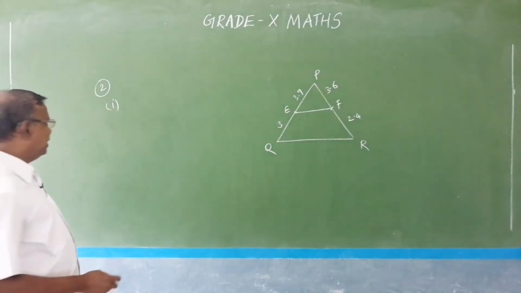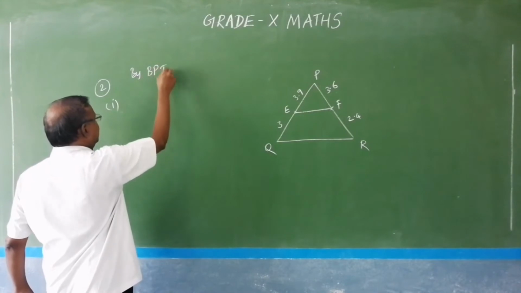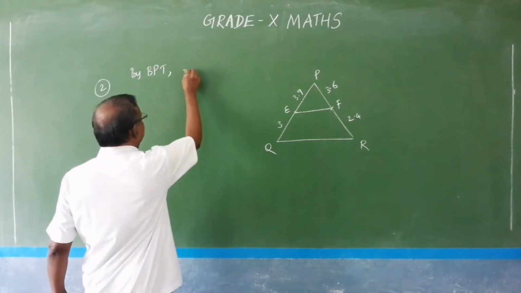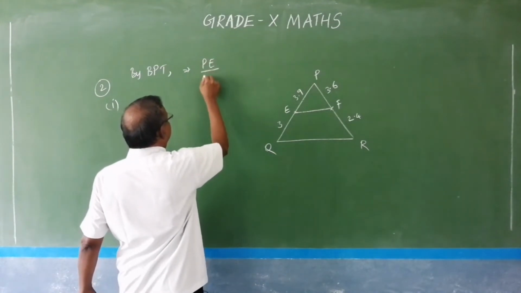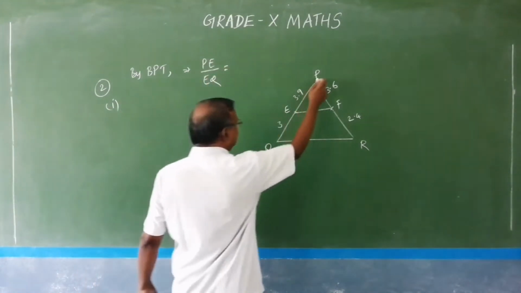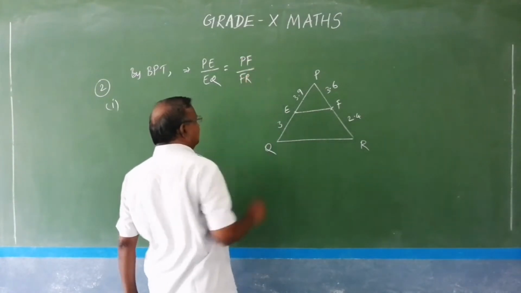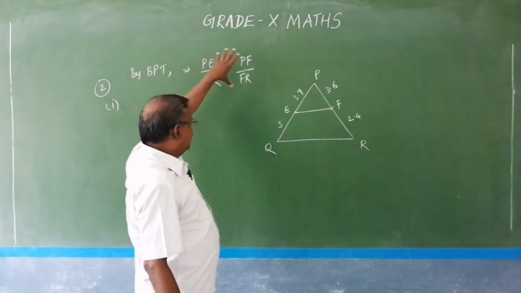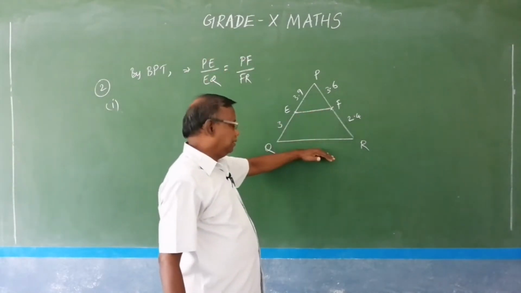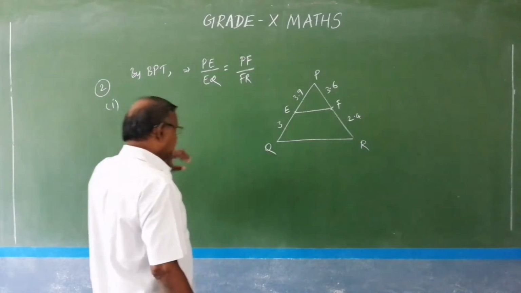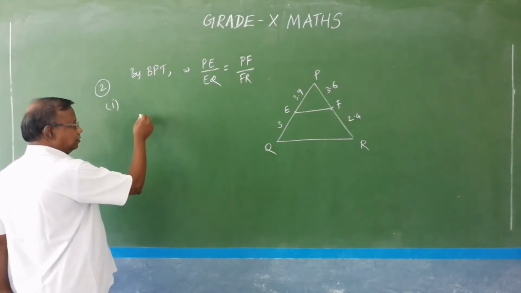We know by the basic proportionality theorem, BPT, we have PE by EQ equal to PF by FR. Only if it satisfies this condition, then EF can be parallel to the side QR by the converse of BPT. Now, let us see.